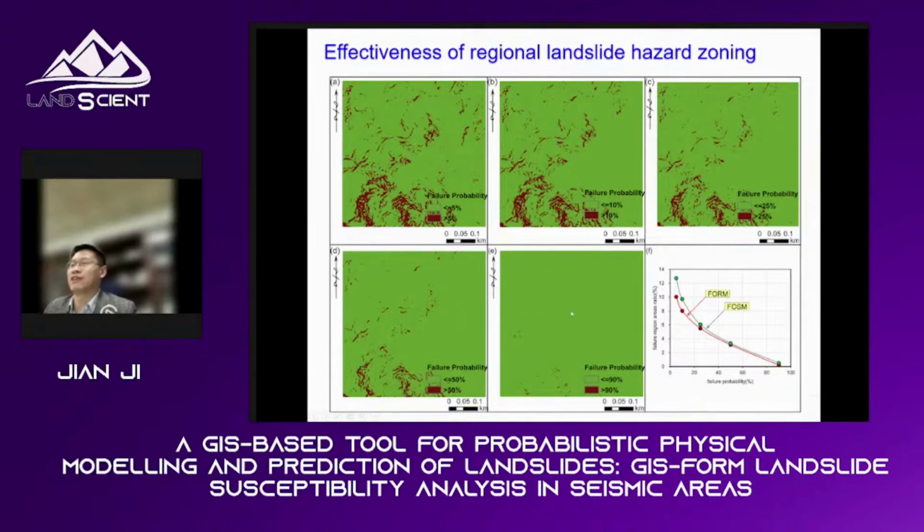So the overall effect of the hazard mapping by the GIS-FORM toolbox, as shown in this figure, gives very interesting and sound results. The comparison of the two methods is also shown here, which shows that our method can produce a little bit smaller failure probability compared with the first or second moment method.